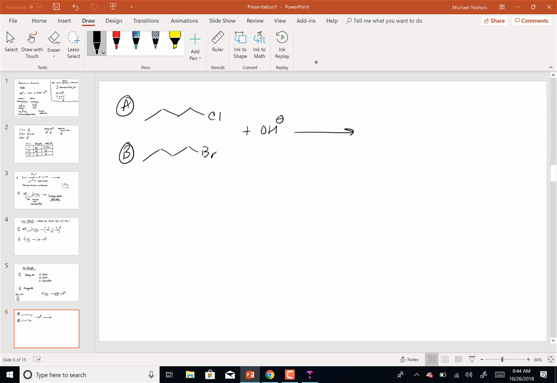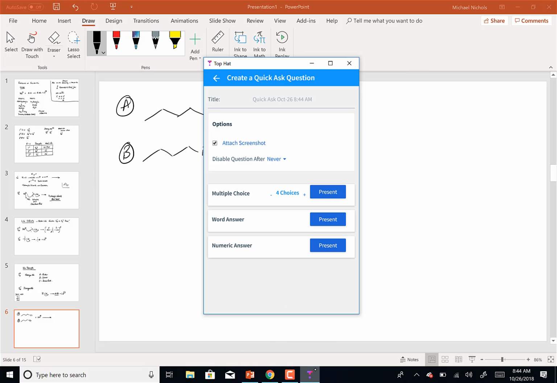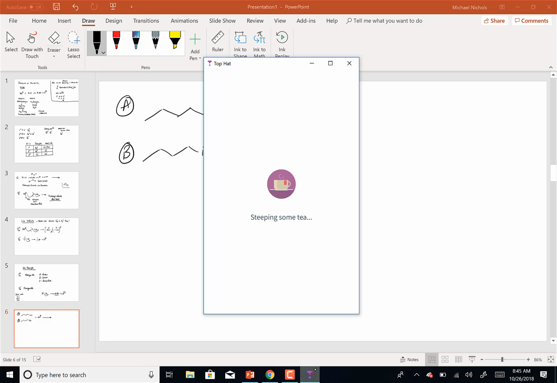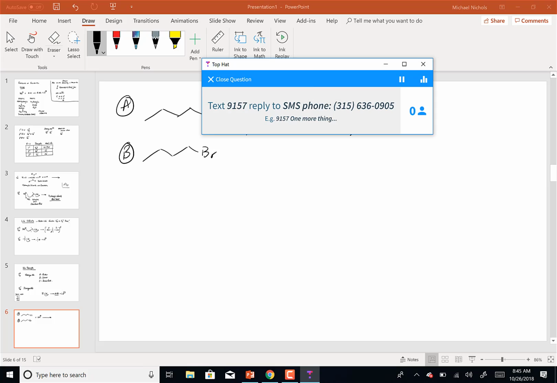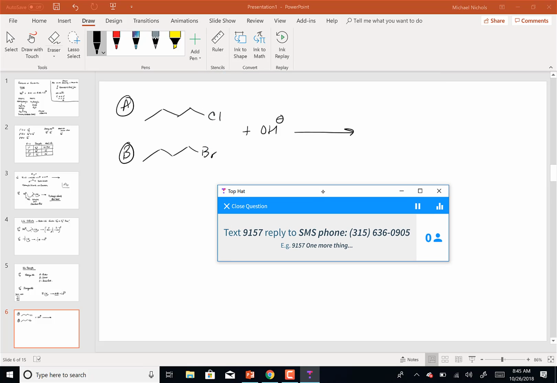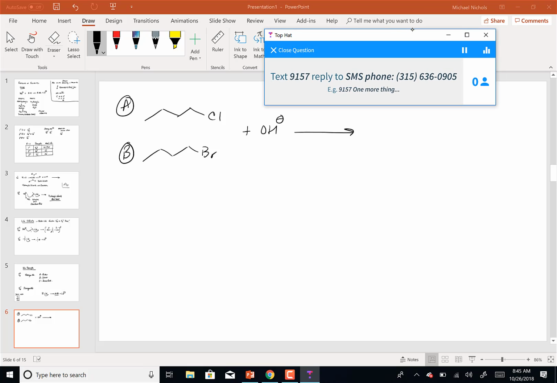Let's say I give you these two reactions, A and B, and I ask which reaction is faster, A, B, or C, same rate?